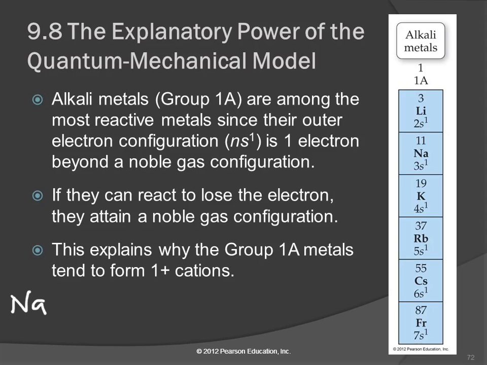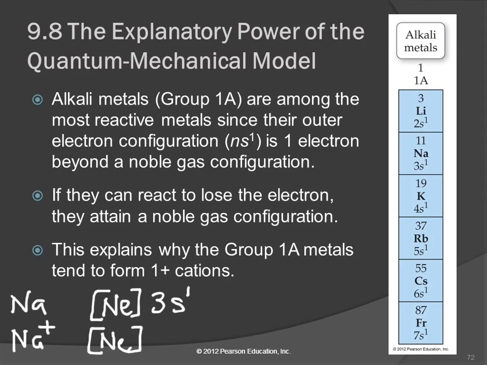The electron configuration of sodium is neon plus 3s1, right? Sodium has 1 valence electron. If it lost 1 electron, its electron configuration would be the same as neon, right? If it takes off 1 electron, it looks just like neon. Well, when it loses 1 electron, it becomes a sodium plus 1 ion.